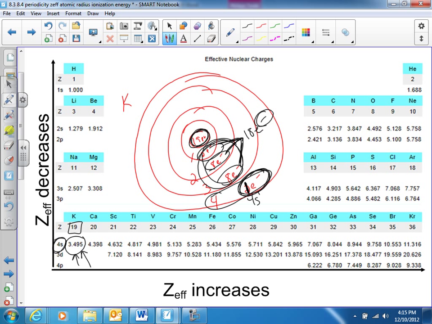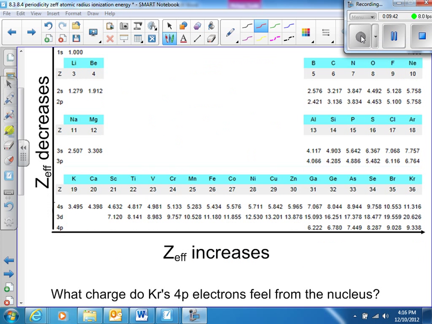The inner core electrons are not fully shielding one-on-one, 1 electron to 1 proton, because if they did, that outer electron would feel 19 protons minus 18 electrons. It would only feel a charge of 1, but that 4s electron actually feels a charge of about 3.5. So hopefully this is making some sense. It can be a little confusing, and we'll go over it a little more.